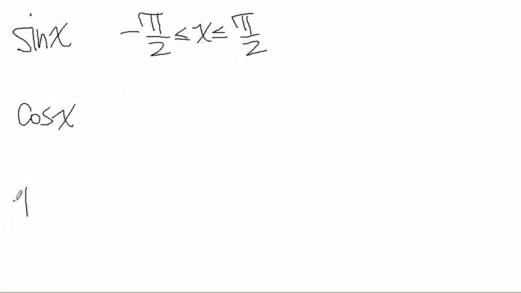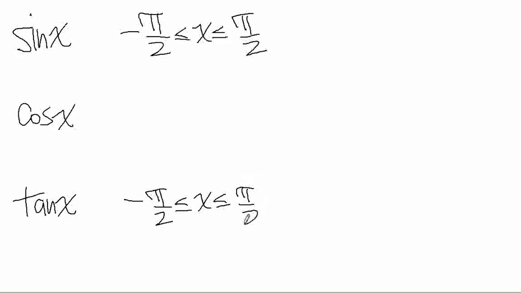And it just so happens the limited domain for the tangent is the same as for the sine function. For cosine, we restrict ourselves to angle measures or values between 0 and pi radians. And so with regards to those limited domains, we can define inverse functions.